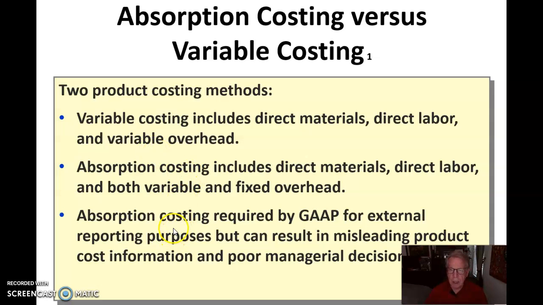Okay. I should point out, though, that variable costing is not permitted under generally accepted accounting principles for external reporting purposes, but it can result in misleading product cost information and poor managerial decisions. Interesting dilemma here.